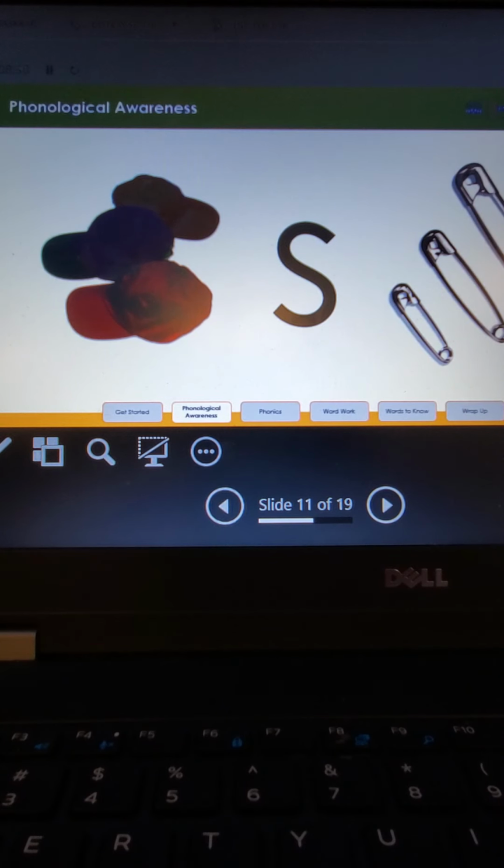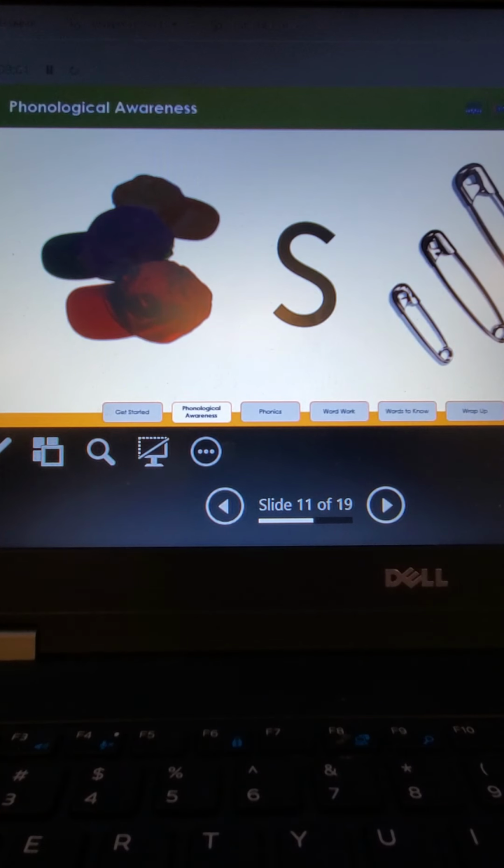The next word is chats. Do you hear the S sound? It's the S. How about the word jogs? Do you hear the Z in the word jogs? The next word is dabs. I hear the Z sound in the word dabs.